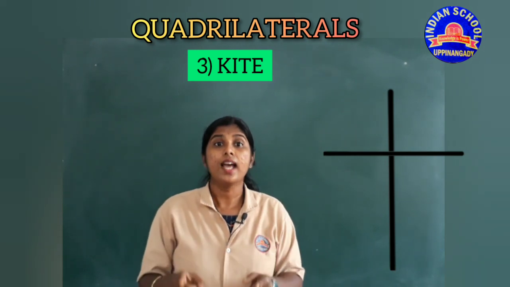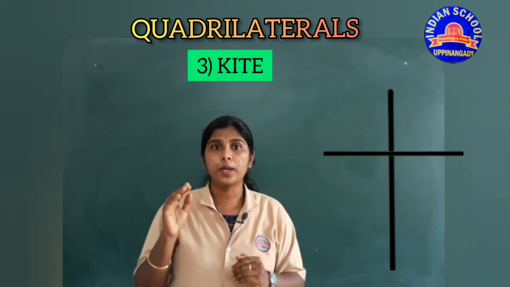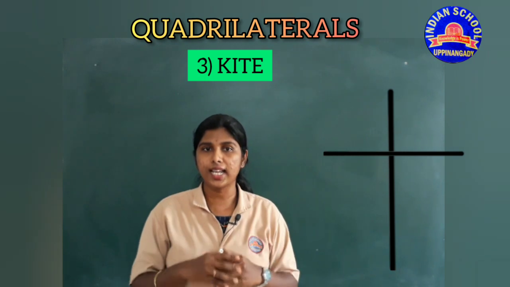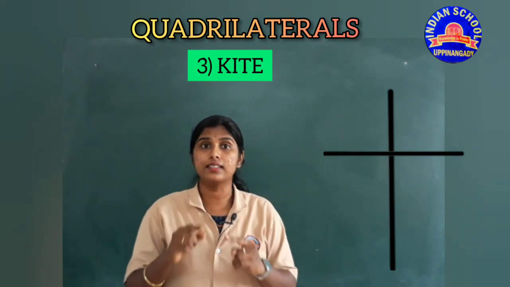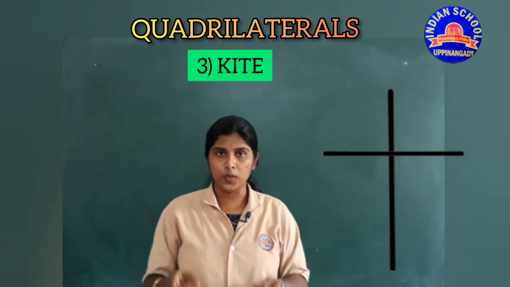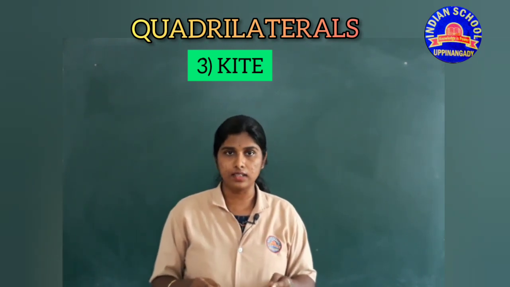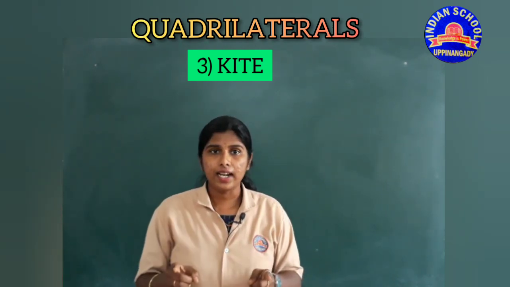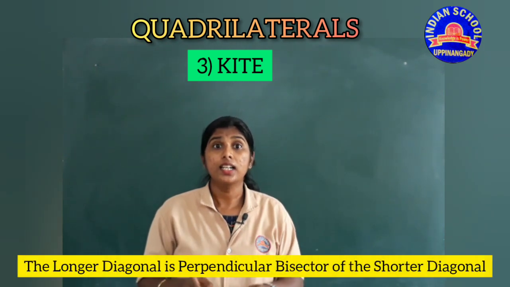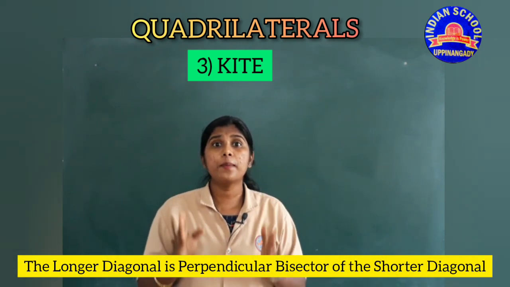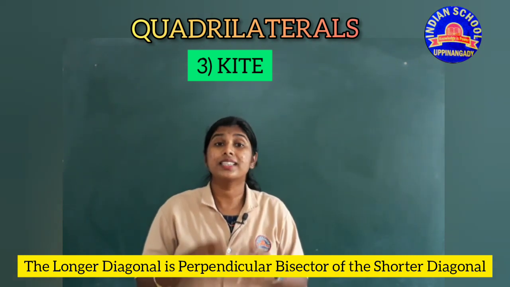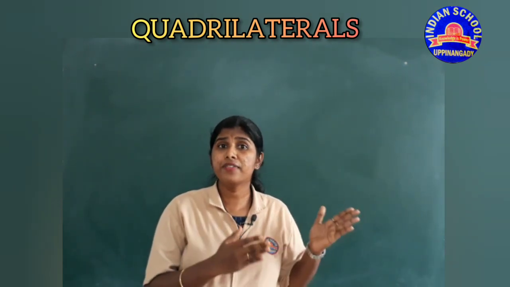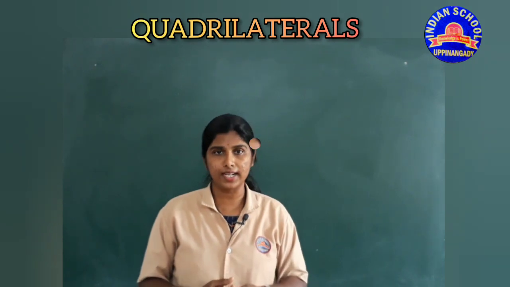So I repeat, the longer diagonal is perpendicular to the shorter diagonal and that longer diagonal bisects the shorter diagonal. So the property of kite here is, in a kite the longer diagonal is the perpendicular bisector of the shorter diagonal. So these are about different categories of quadrilaterals.